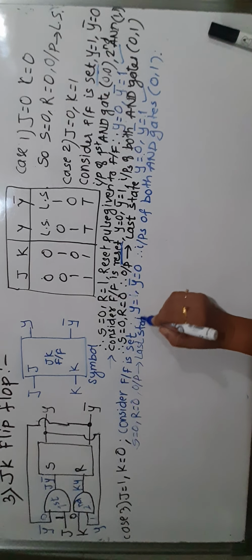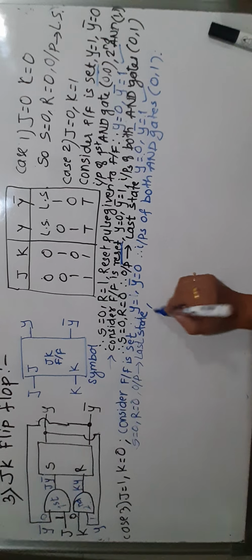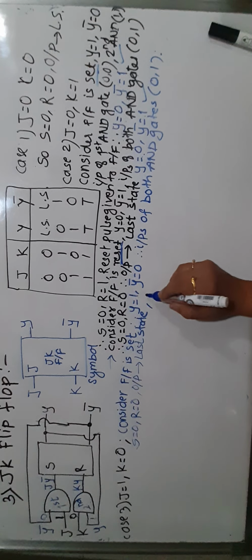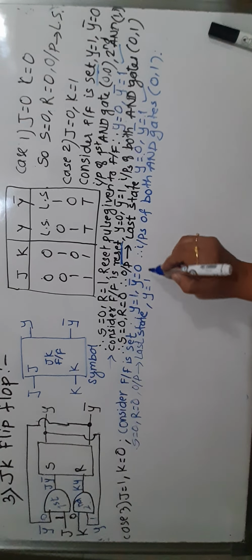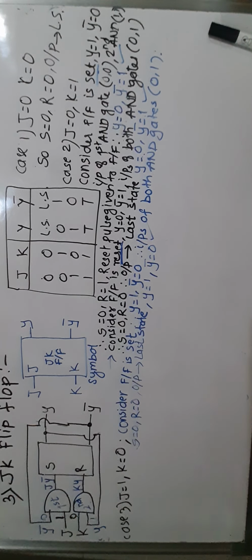And what is last state that we have considered? We have considered that flip-flop is set. Therefore, last state is y equal to 1, y bar equal to 0. This is what we got when we considered that flip-flop is set. Now, let's consider flip-flop is reset.